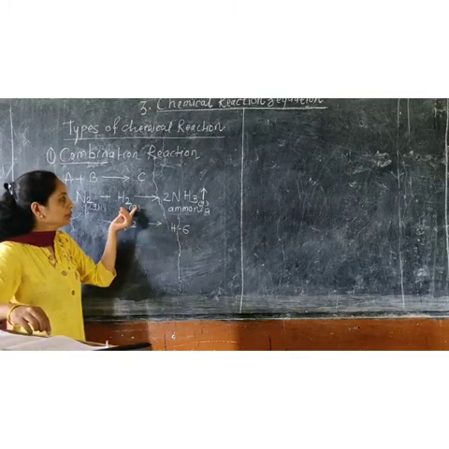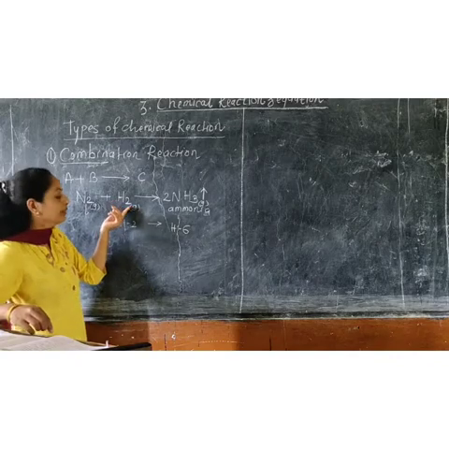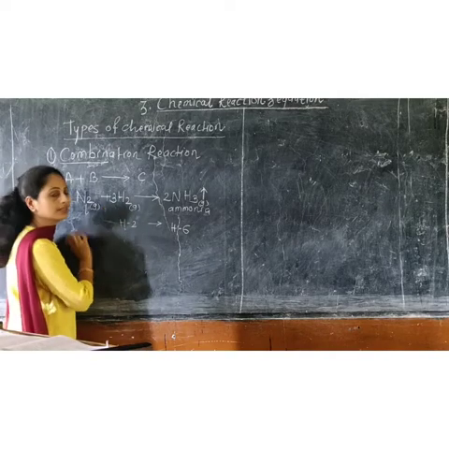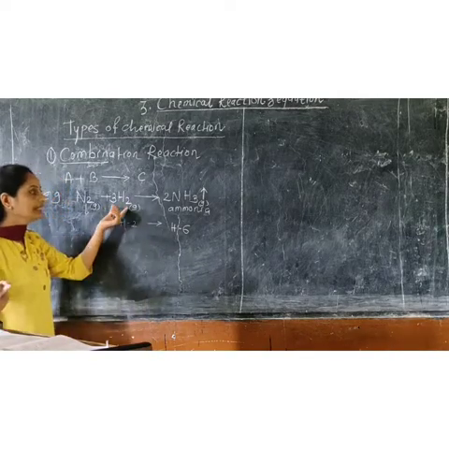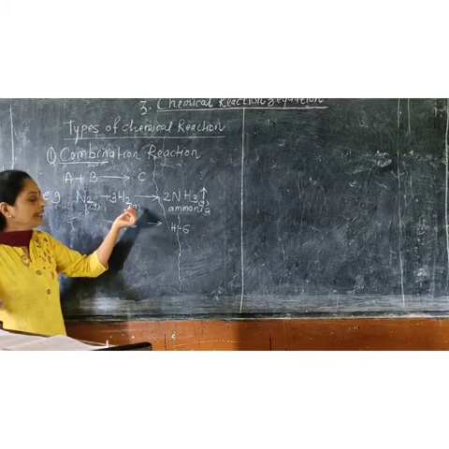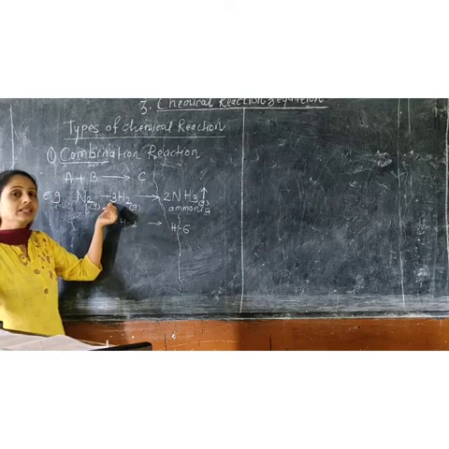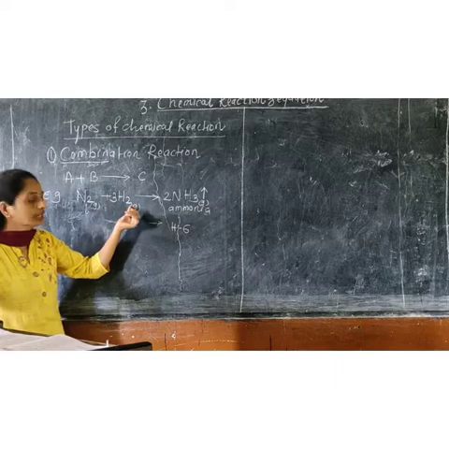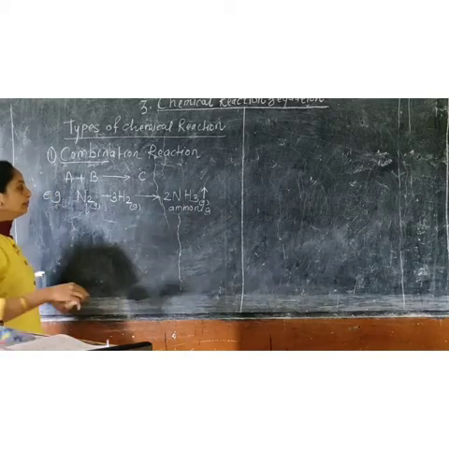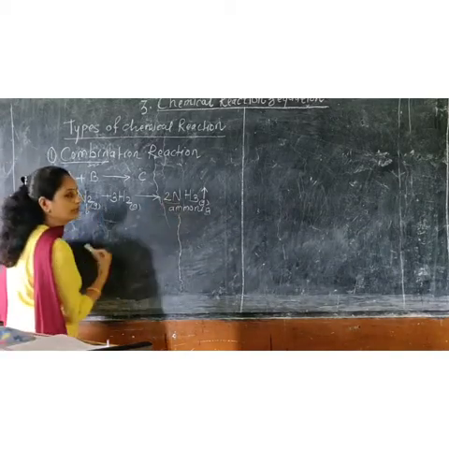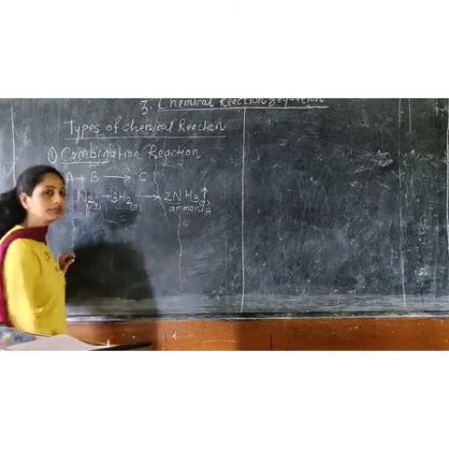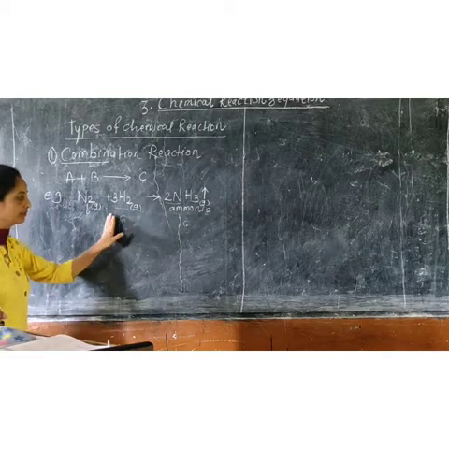How to make 6 hydrogen here? If we multiply H2 with the coefficient 3, 3 twos are 6. So on the reactant side also there are 6 hydrogen atoms. So again, nitrogen atoms: 2 on the reactant side, 2 on the product side; hydrogen atoms: 6 on the reactant side, 6 on the product side. So that is the balanced equation.